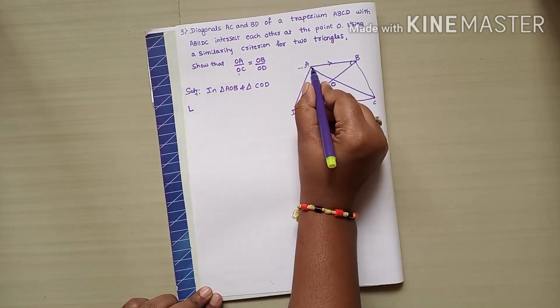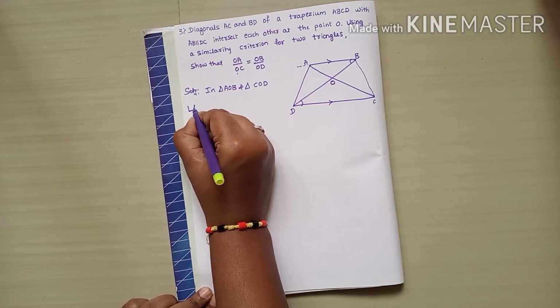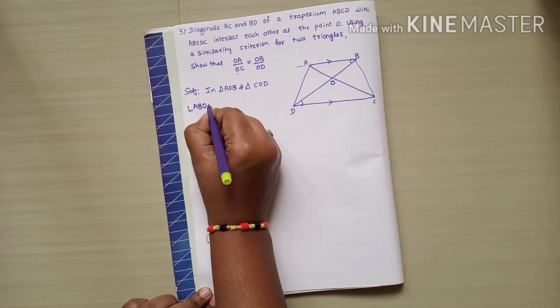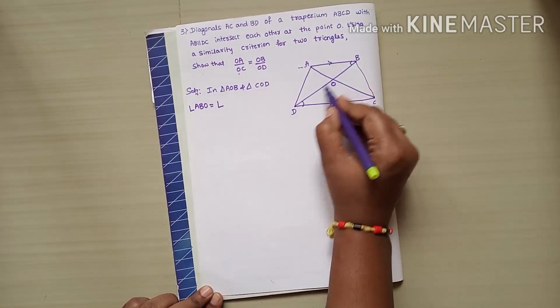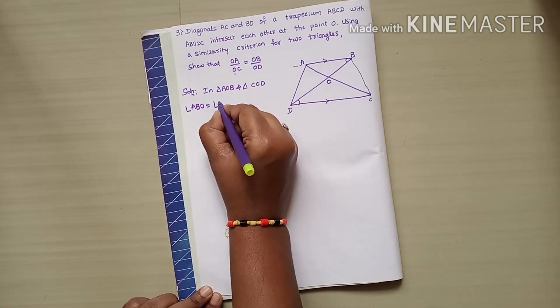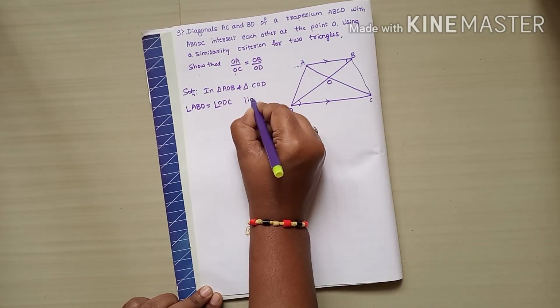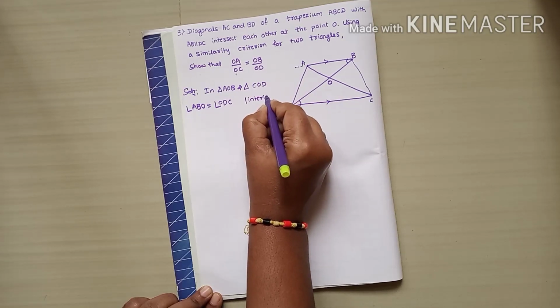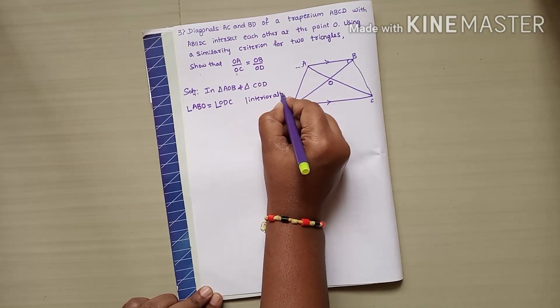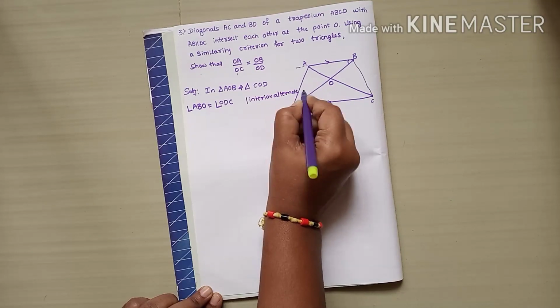Angle ABO is equal to angle ODC. What is the reason for that? Interior alternate angles.